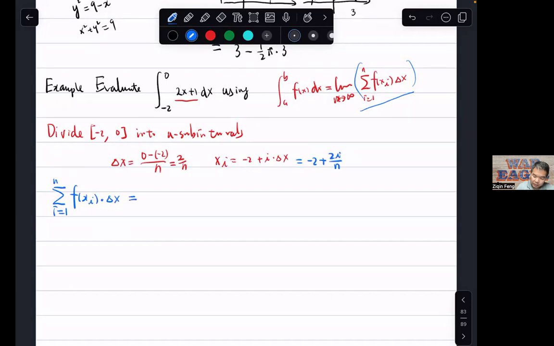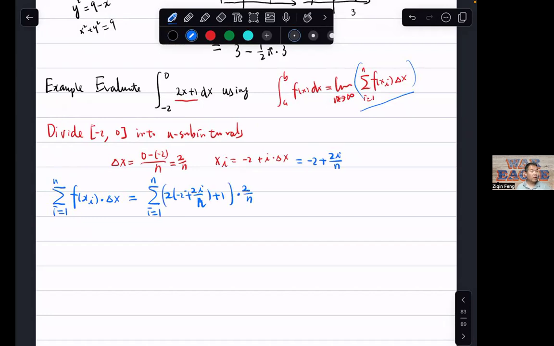So this is equal to the summation i from 1 to n of 2 times (-2 plus 2 times i over n), then plus 1, times delta x, which is 2 over n.